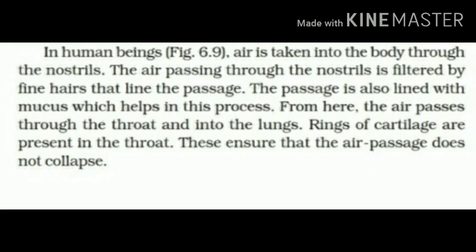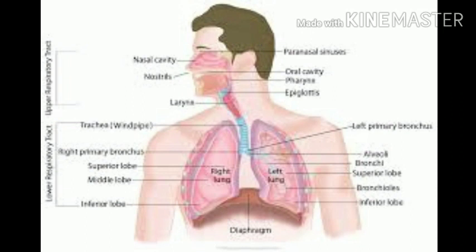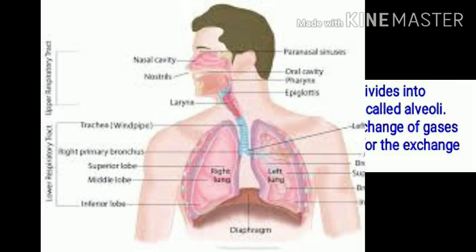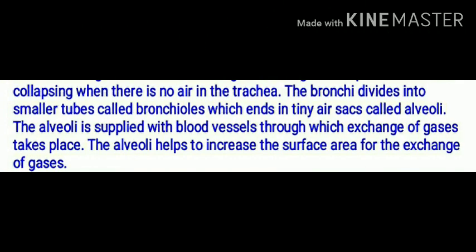From here, the air passes through the throat and into the lungs. Rings of cartilage are present in the throat. These ensure that the air passage does not collapse. The bronchi divide into smaller tubes called bronchioles, which end in tiny air sacs called alveoli.